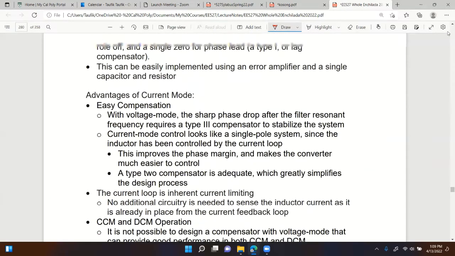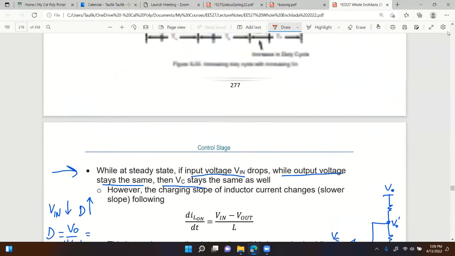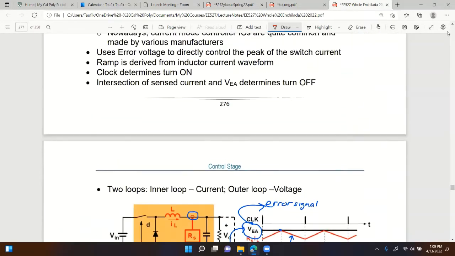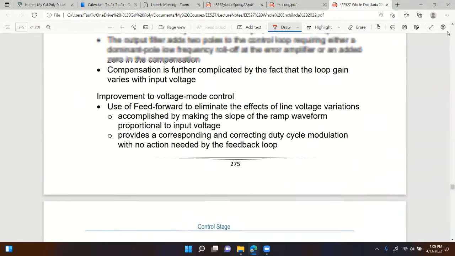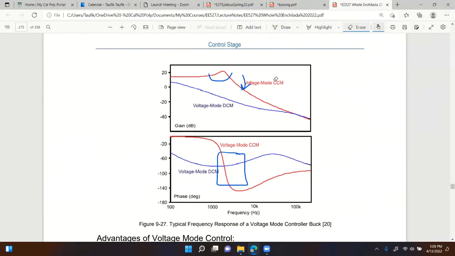If I go back to the Bode plots of voltage mode that compares CCM and DCM, you see the difference right here. You can see the DCM mode. The DCM for voltage mode is just like current mode, minus 20 dB per decade. There is no series angle for DCM.